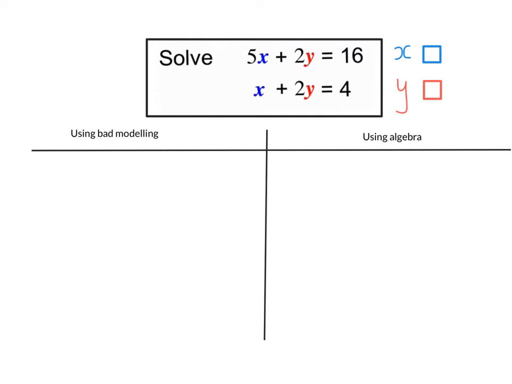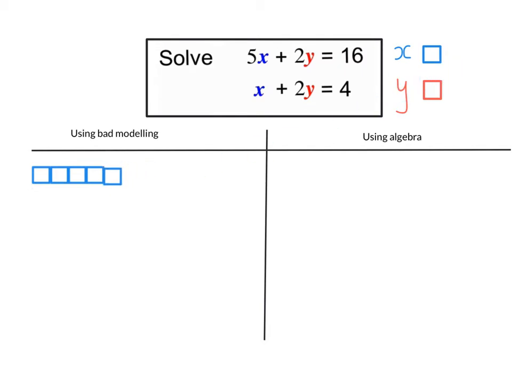So bar modelling first. I've got 5x, so I need 5 of these blue boxes. So let's just put those in place. 1, 2, 3, 4, and 5.